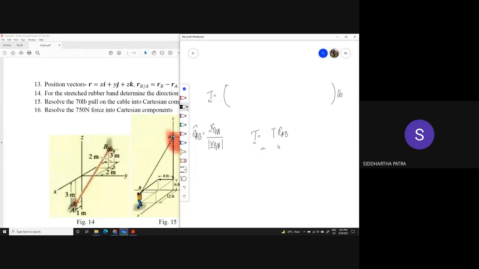If e_AB is l i, m j, and n k, where l squared plus m squared plus n squared equals 1, then it is going to be T l i plus T m j plus T n k. So that's what you are doing, right?